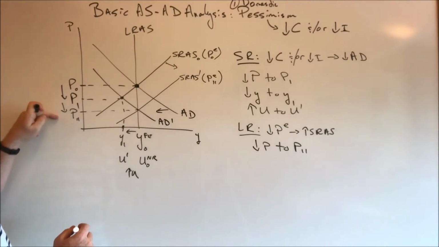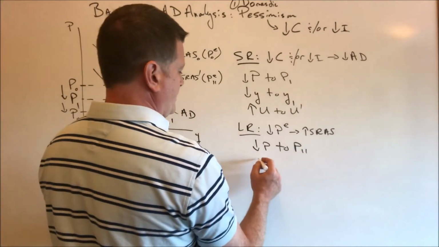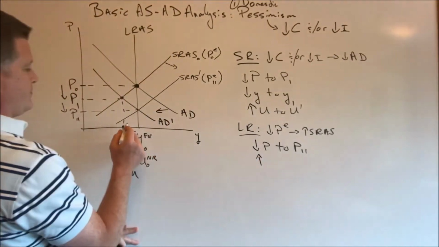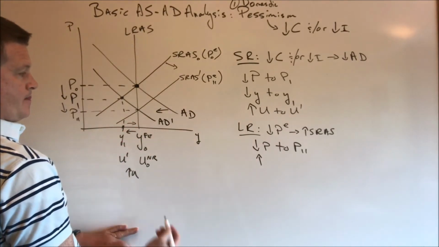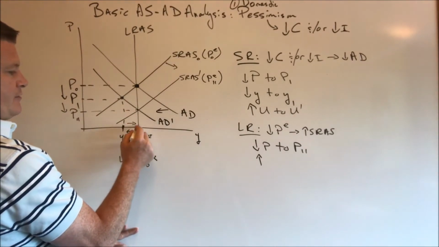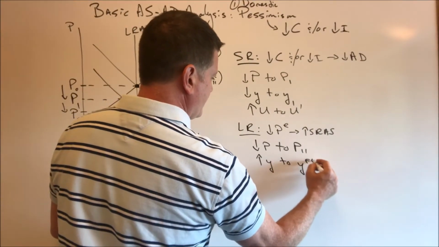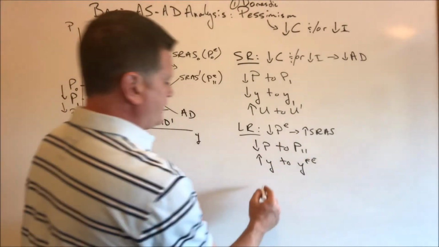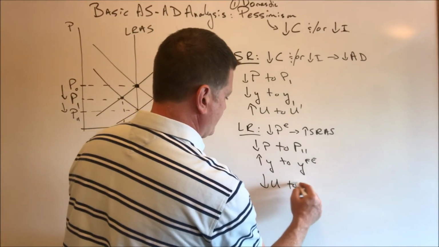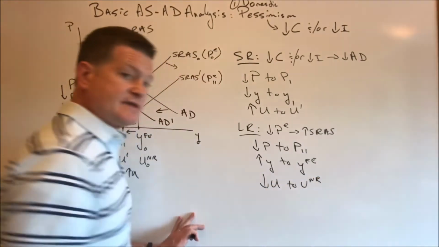We had fallen from here all the way down to here. It pushes output back up. So we were here and we've now returned back to here, back up to full employment. And at full employment, that means unemployment must have fallen back to its natural rate.